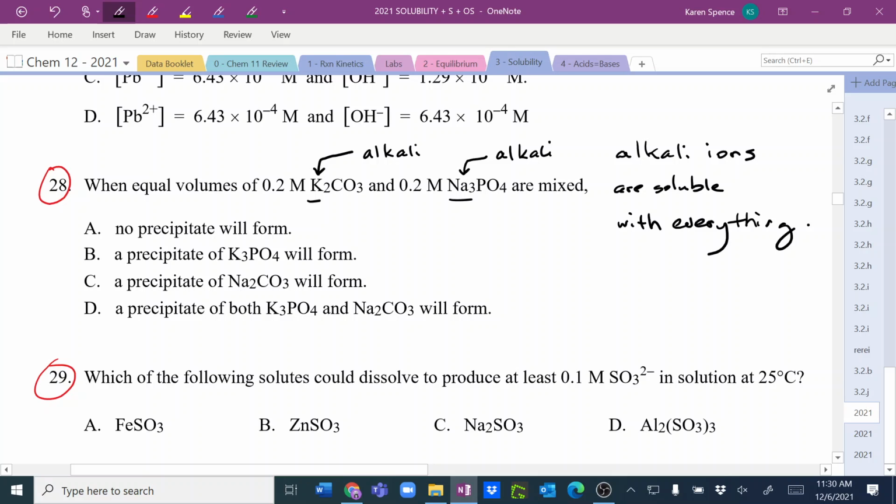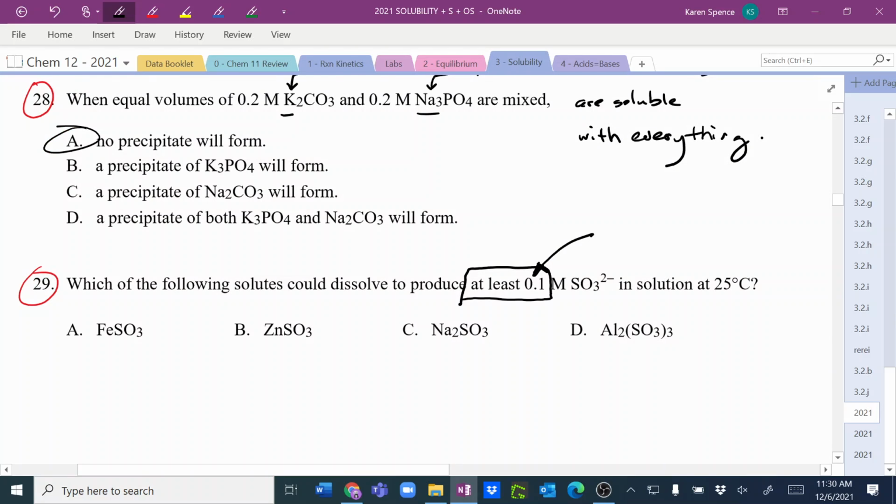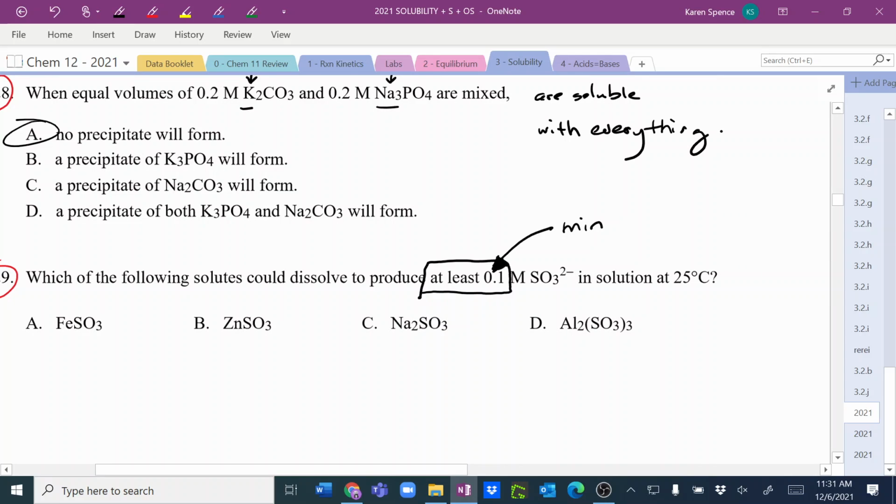Which of the following solutes could dissolve, producing at least 0.1 molar? What do you know about 0.1 molar? Why should that number ring a bell? That is the minimum required to be considered soluble.